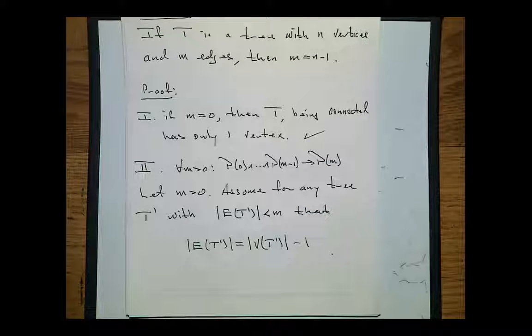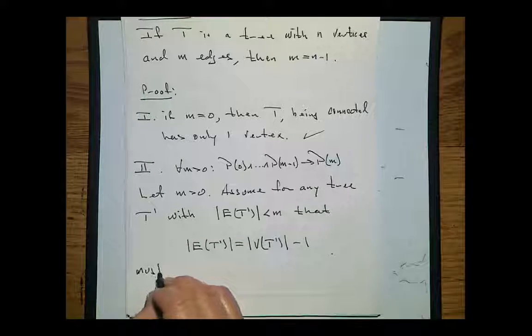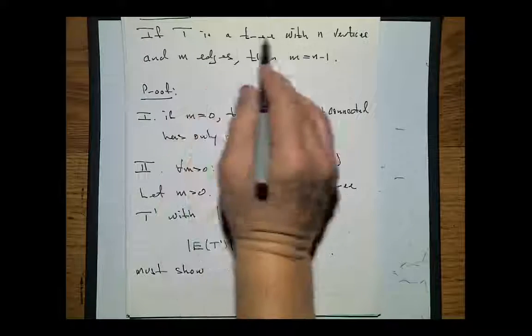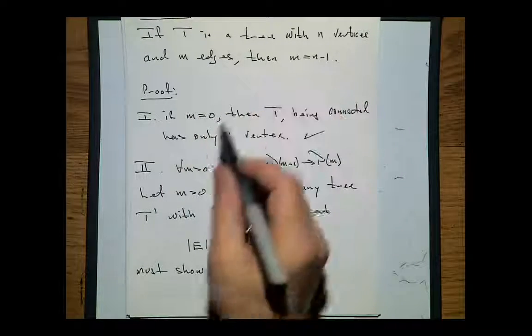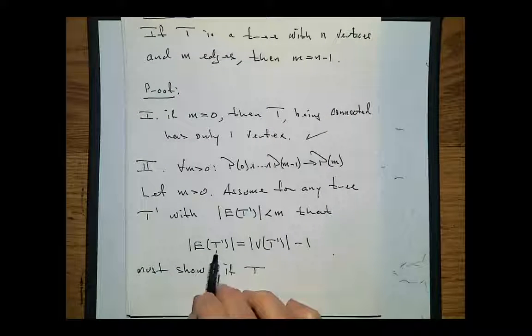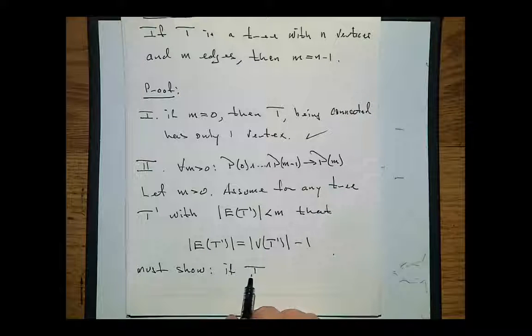Okay. Now, so what must I show? We must show if T has m edges and n vertices, then m equals n minus 1. Notice I very carefully used a different letter here than I'm using now. It's critical that you do that.